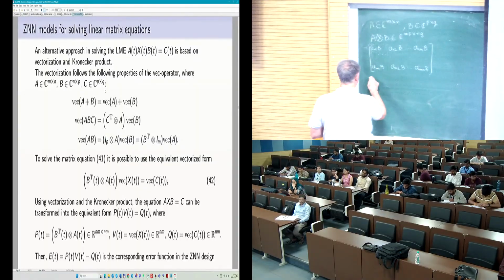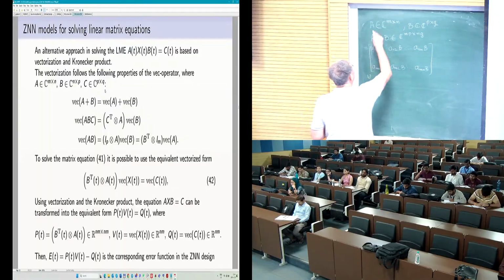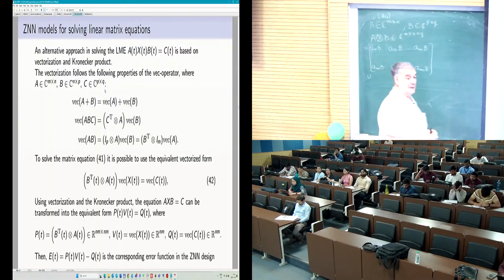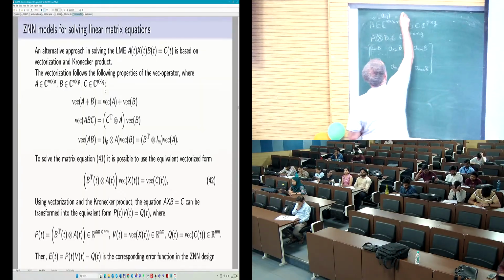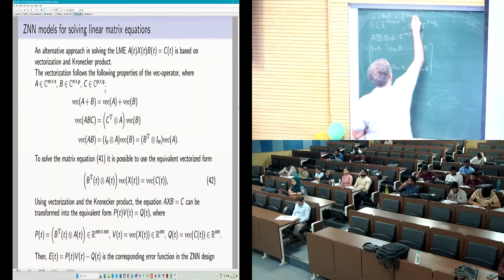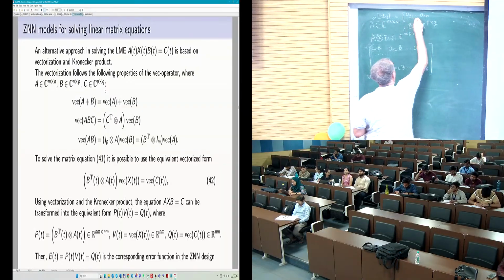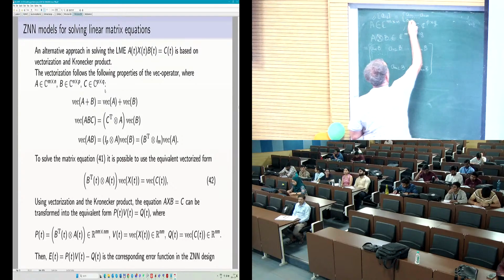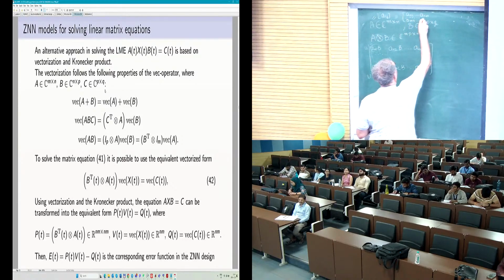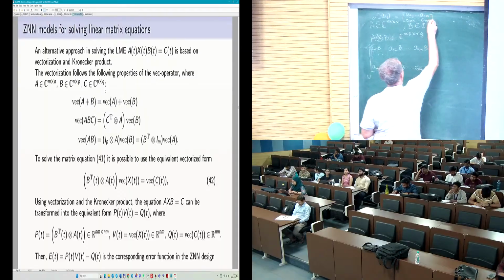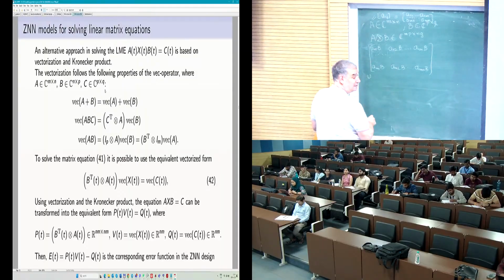What will be vectorization? We assume that A is defined as the matrix with first row A11 to A1n, and last row Am1 to Amn. The vectorization of A will be one big column vector.